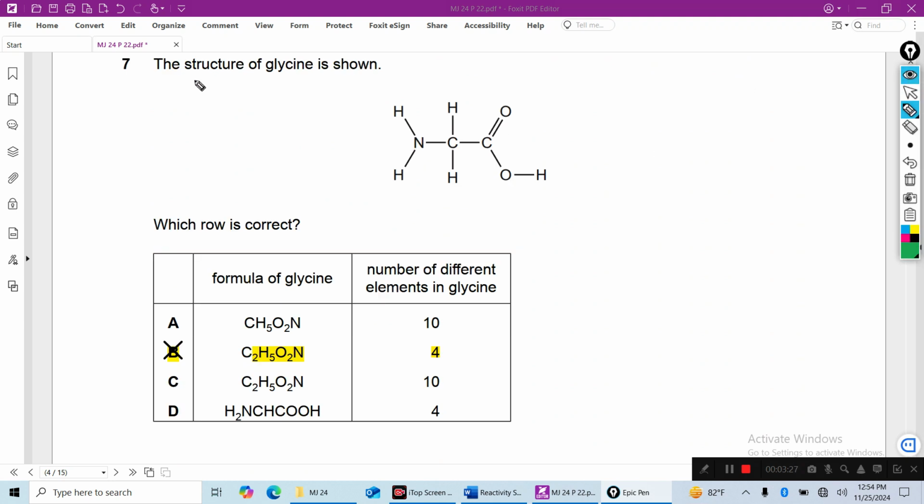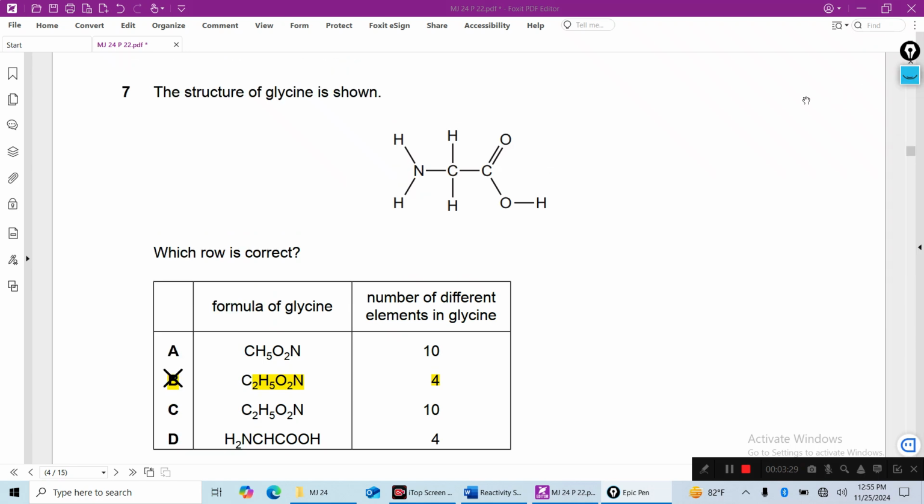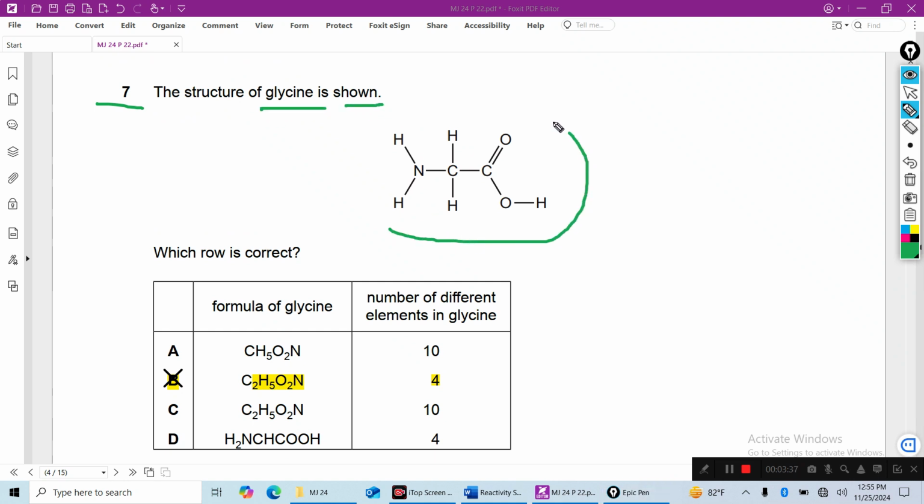It's number 7. The structure of glycine is given. Glycine is an amino acid, a single unit of protein. So which row is correct?